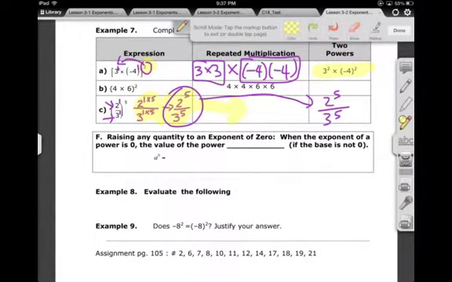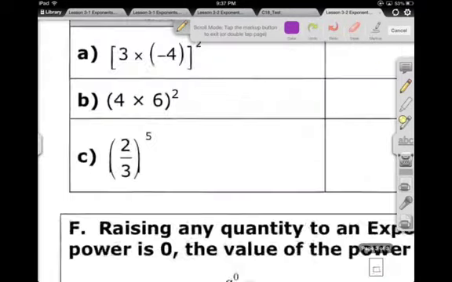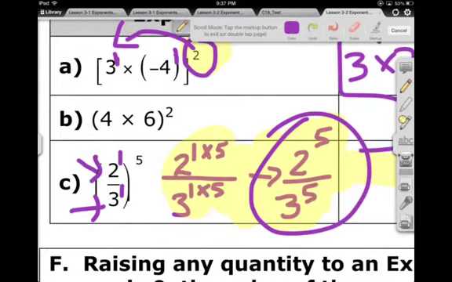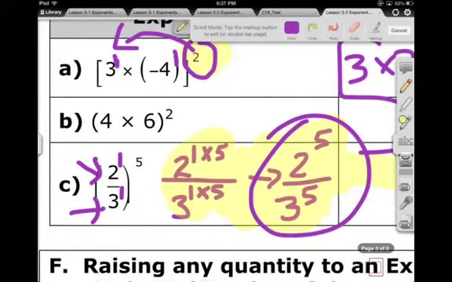Probably fill in this last quick example. 4 to the, zoom in. Again, you got to put in those understood exponents, right? 4 to the 1st times 6 to the 1st.